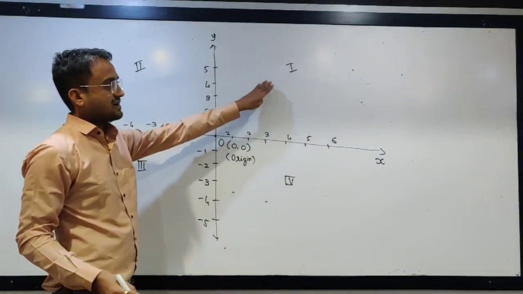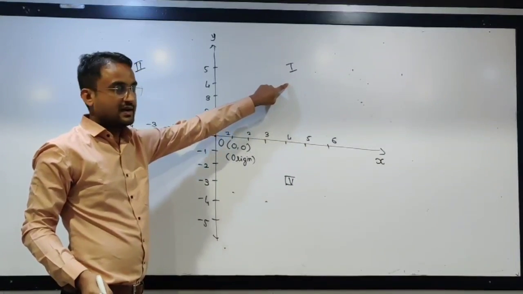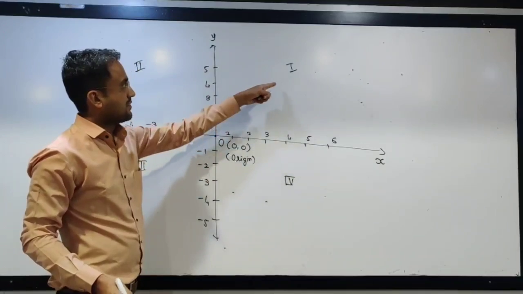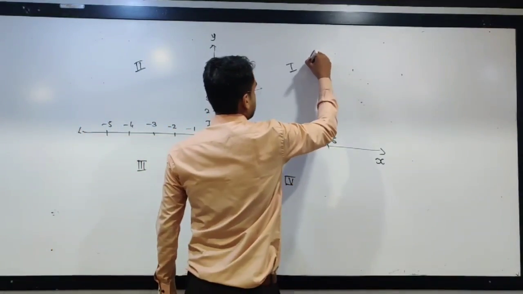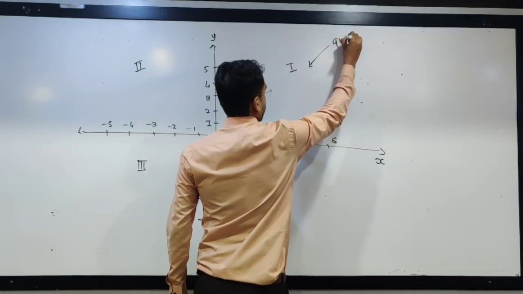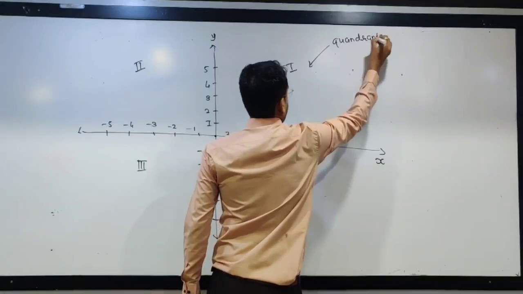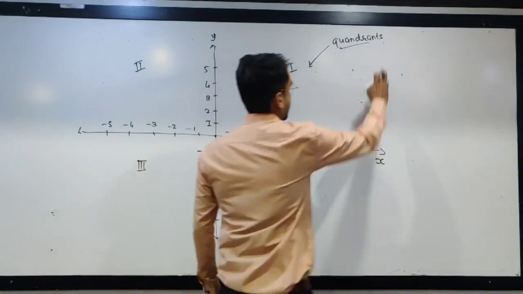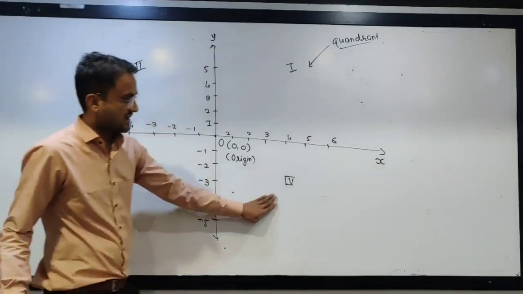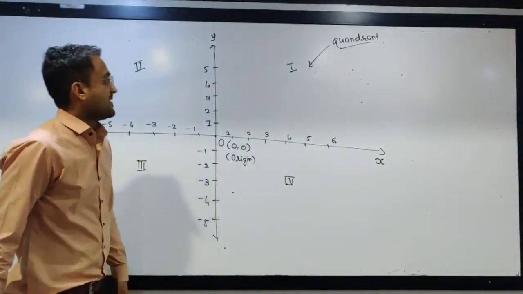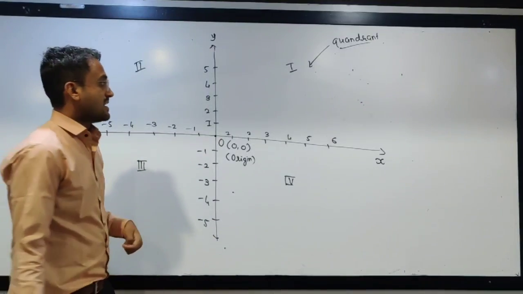Remember, you will always start from here, and go anti-clockwise: 1, 2, 3, 4, right? This is quadrant 1, this is quadrant 2, this is quadrant 3, this is quadrant 4.